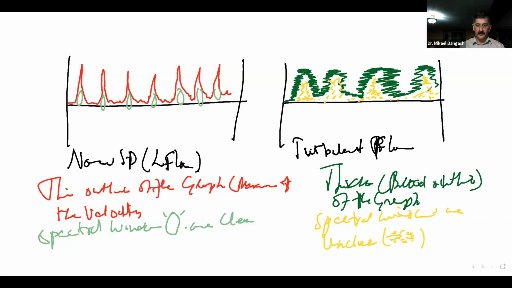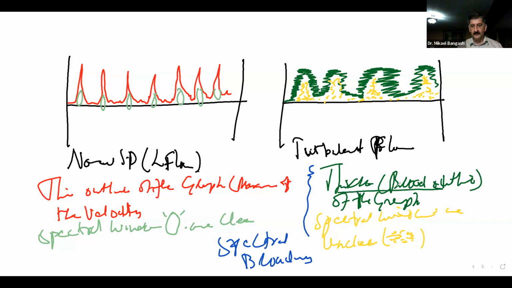Generally, the word for both of these is spectral broadening. Although logically speaking, it should have been just this alone, which should have been spectral broadening, because the outline of the spectrum is broadened out.